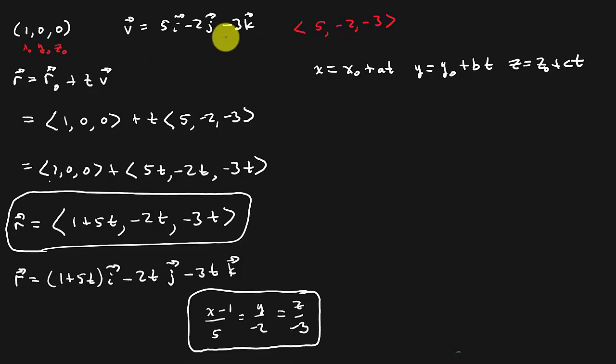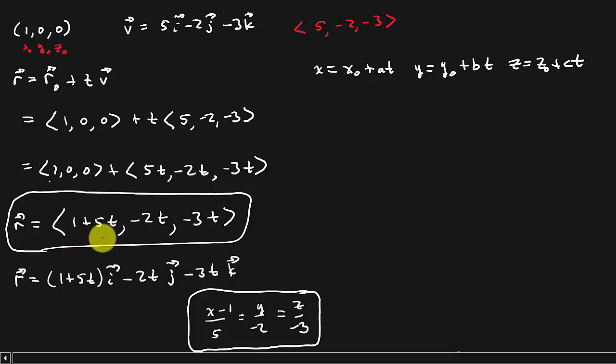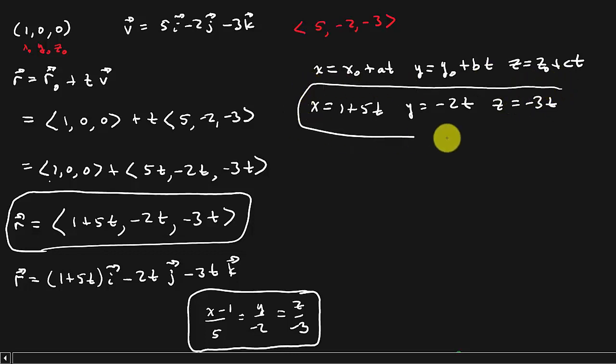So x is equal to 1 plus 5t. y is equal to negative 2t, because y0 is 0, and z equals negative 3t. And so here are your parametric equations.